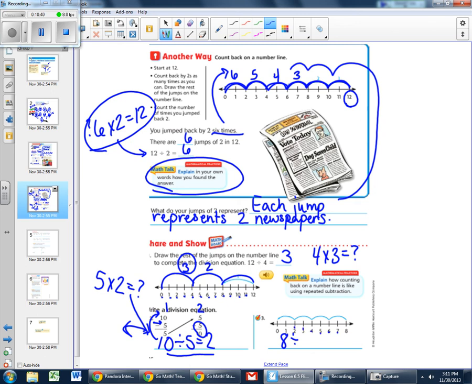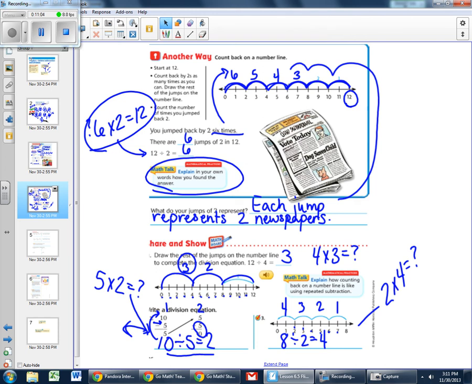So it's going to be 8 divided by 2 equals, now you need to go count your jumps. Here's 1, 2, 3, and 4. 8 divided by 2 equals 4. Now think, is 2 times 4 equal to what the other number is in your problem? If it is, you know that you have it correct.